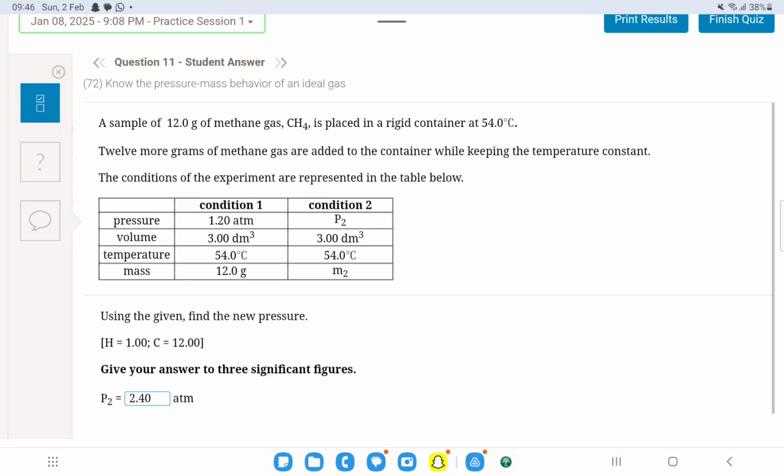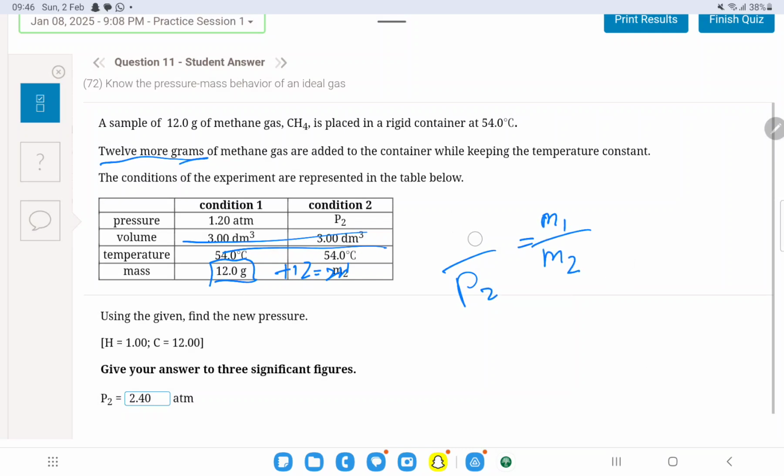Here is a question where they changed the mass for you. They said 12 more grams of methane gas are added. So we have the initial 12 and we add 12 more. Here volume stayed constant, we cross that out. Temperature stayed constant, and R is always constant. So P1 over P2 equals M1 over M2.